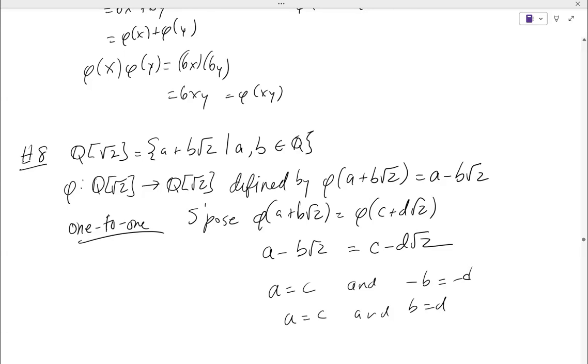Drop the negatives off, and then put the pieces back together. So that shows it's injective, shows it's one-to-one.